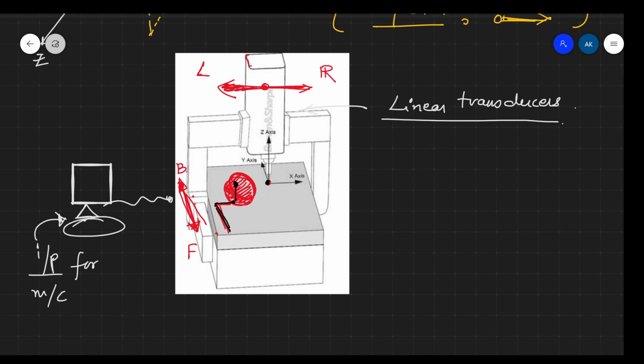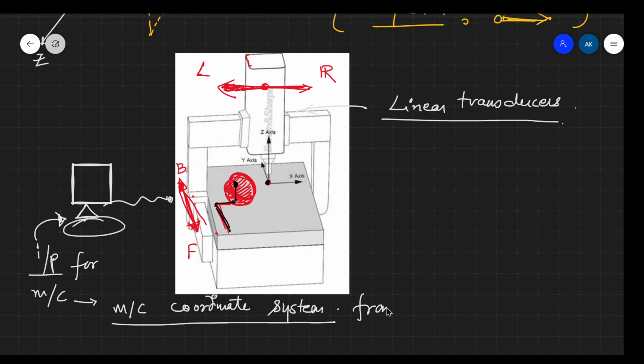So these coordinates, what you are feeding into the system, are your machine coordinate system. These coordinates will determine how your machine will move from some reference point, and that reference point will be fixed.